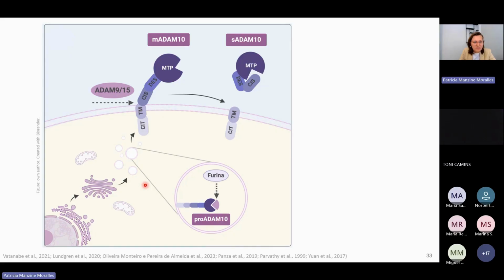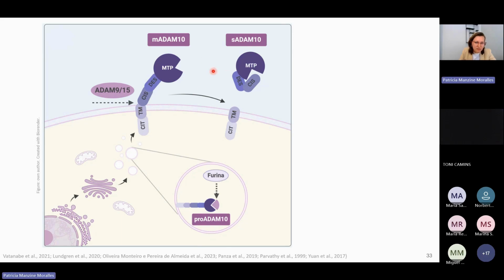Down the secretory route, the pro-domain is removed and it becomes the mature and active EDN10, about 65 kilodaltons, which is then inserted into the plasma membrane.